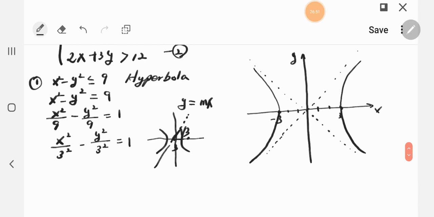All right. And then the area should be, is it between the curves or outside the curves? Let's test a point, which is (0, 0).